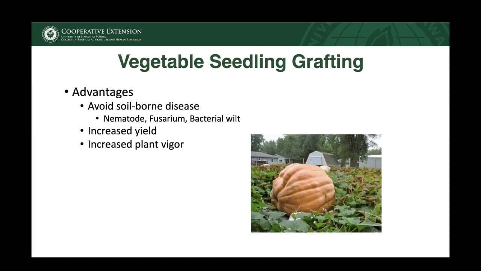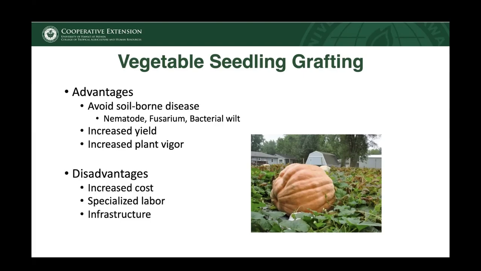There's potential for increased yields and increased plant vigor. Some of the disadvantages include increased costs. You may need additional structures to provide the growing area for these grafted seedlings, specialized labor to make these grafts, and the infrastructure.